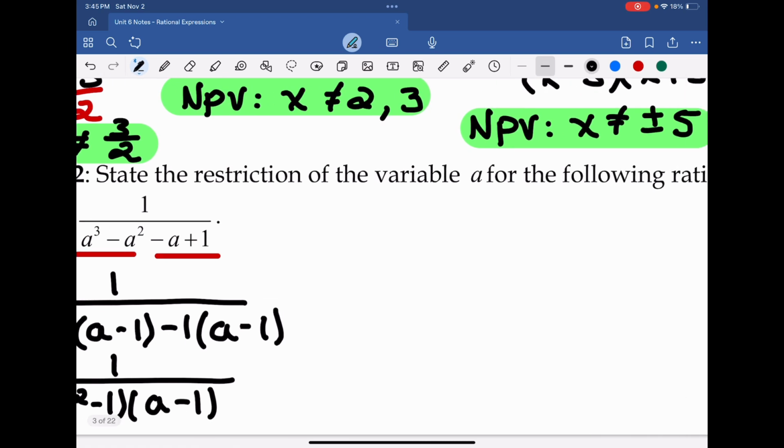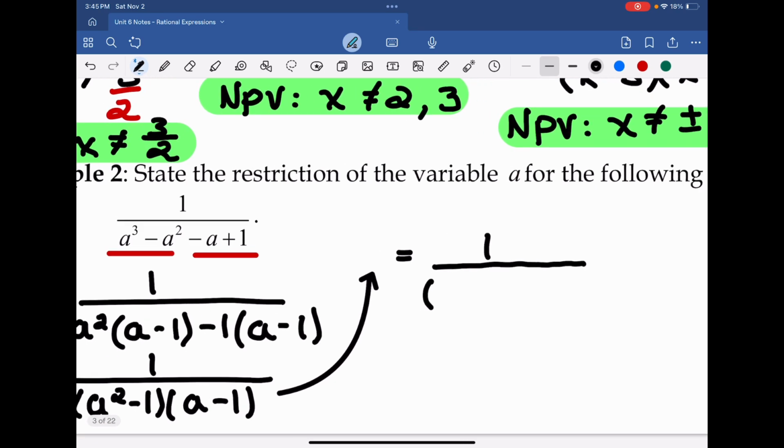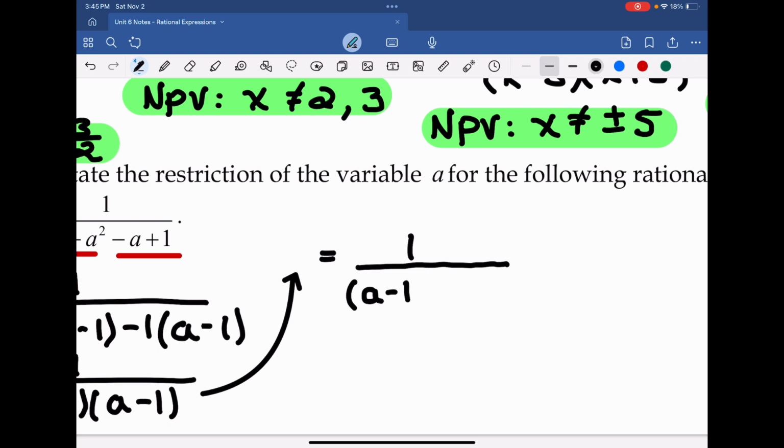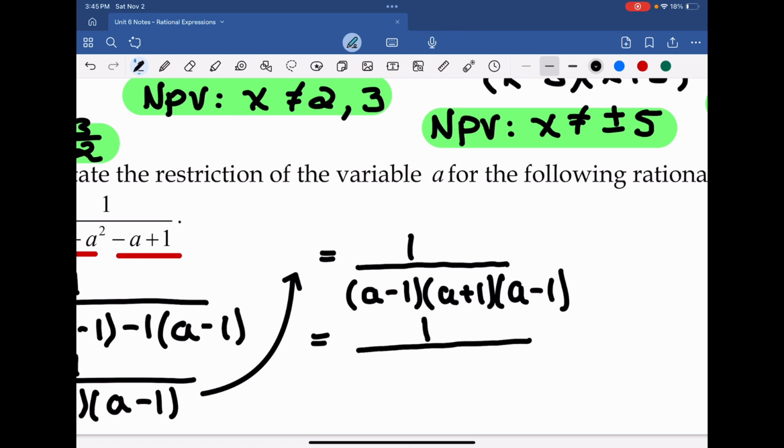I can take this one step further, so I'm going to do that off on this side here. This is going to become equal to 1 over, and then we're going to take the difference of squares. A squared minus 1 factors to a minus 1 times a plus 1 times a minus 1. We could take that even one step further and combine our a minus 1s.